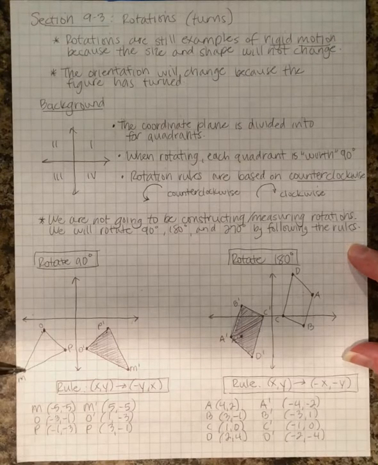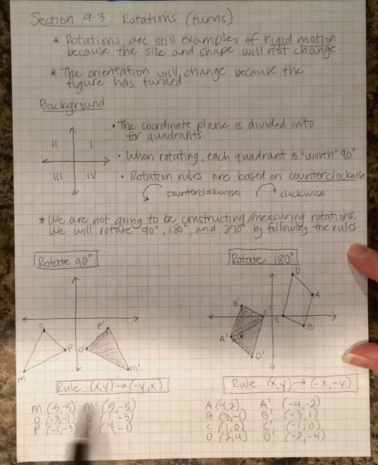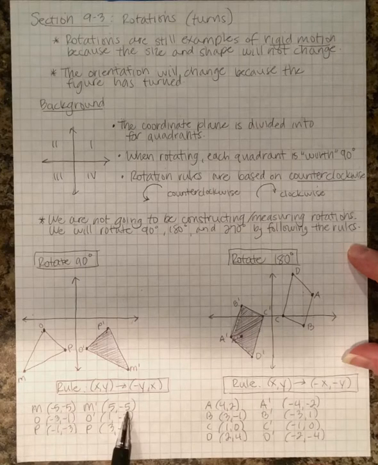So I plotted my points. Point M is -5, -5. O is -3, -1. And P is -1, -3. Then I'm just going to apply this rule. Okay, so whatever was y becomes x and the sign changes. So since y was -5, this is now +5. The x stays, but now it's the y.